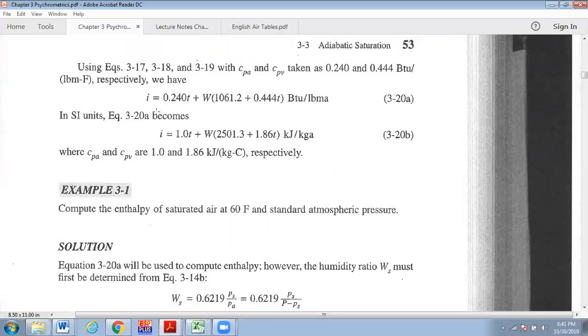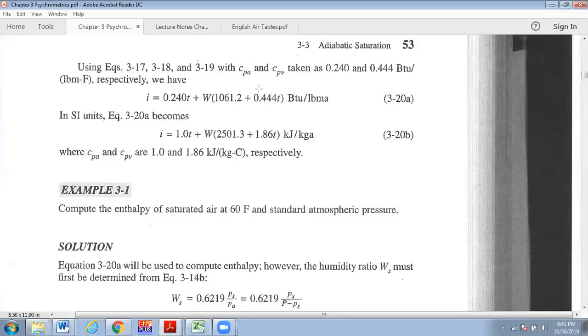So enthalpy of moist air is 0.24 T, and 0.24 is the specific heat of dry air. That's Cp in US units, 0.24 BTUs per pound mass per degree Fahrenheit, times the temperature in Fahrenheit. So that's all of the dry air contribution. And then this W is your humidity ratio. That's how much water vapor you have per pound of dry air.